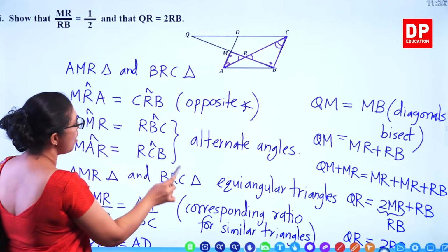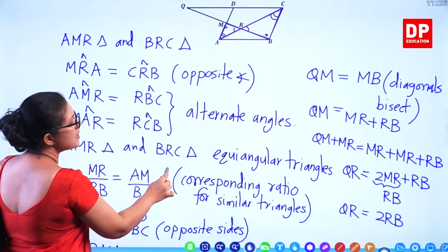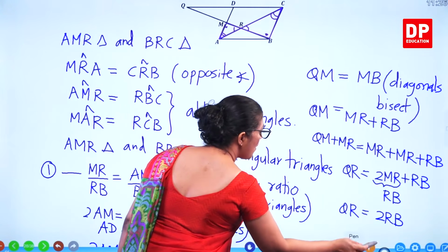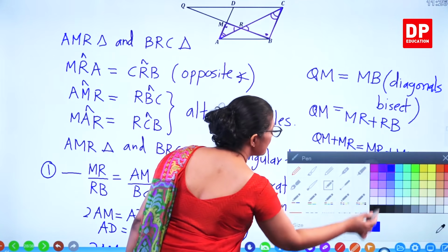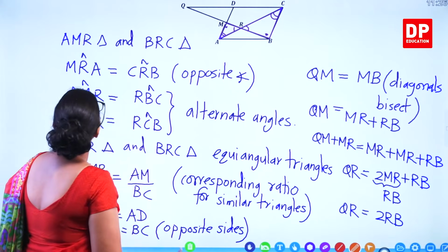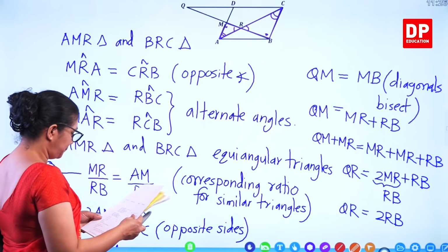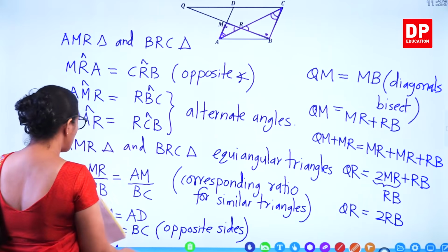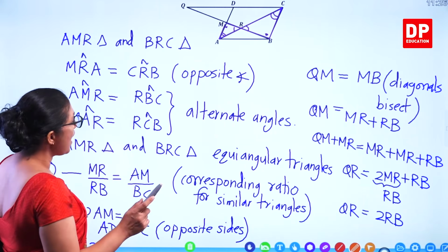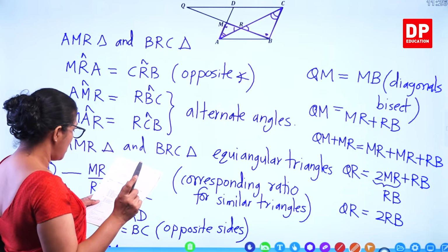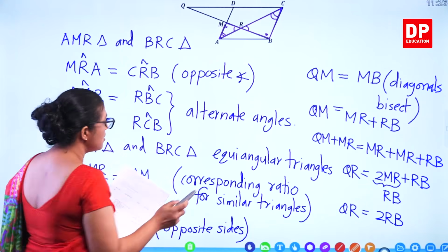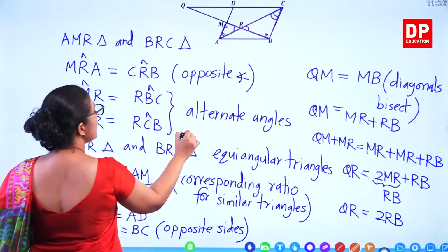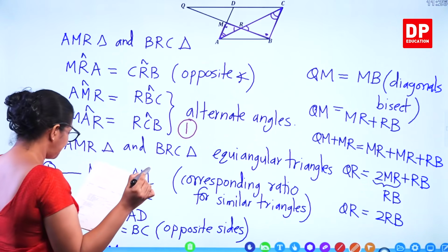QR equals 2RB. Now we'll see how you get marks for these two steps. Showing that the two triangles are equiangular, you get 1 mark. Just 1 mark for equiangular triangles.